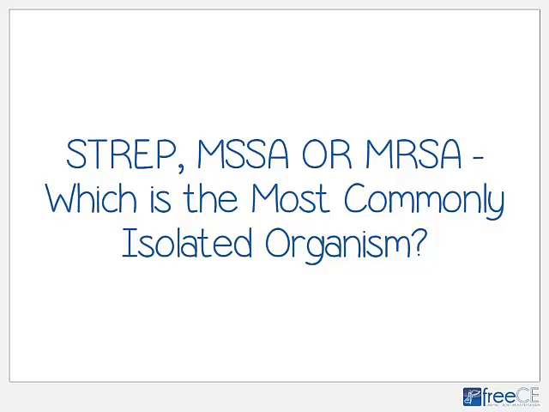Is it MSSA? Or is it MRSA? Which one should we be most concerned about? I've already told you that from a diagnosis perspective we aren't frequently able to isolate an organism. So this is a difficult question to answer because our cultures have low sensitivity, and only about a third of the time do we identify a pathogen. So we don't get cultures frequently.